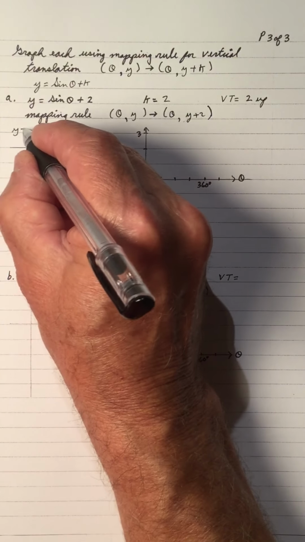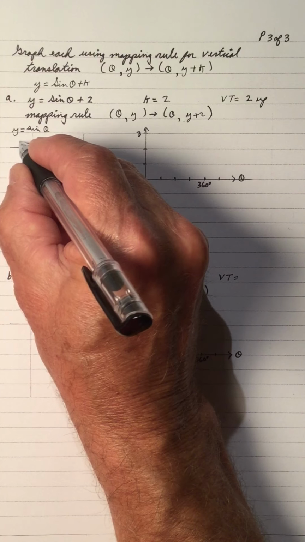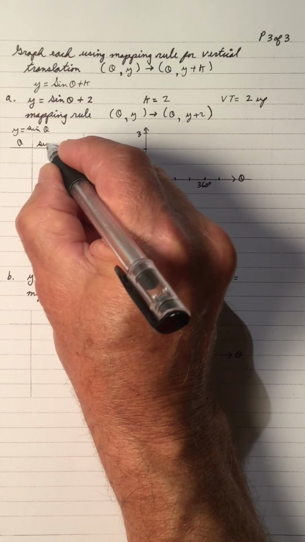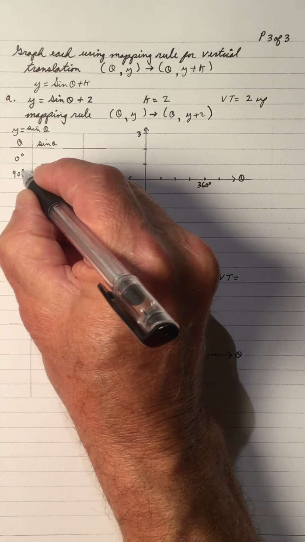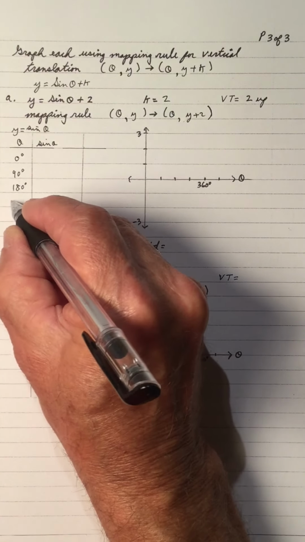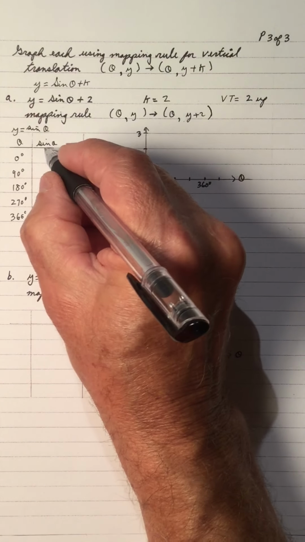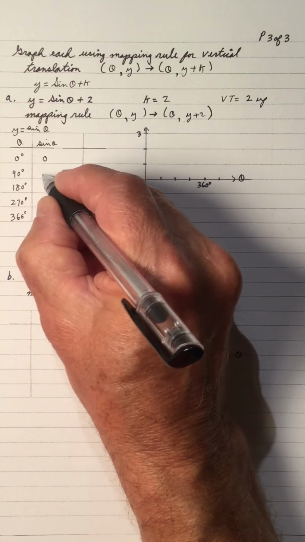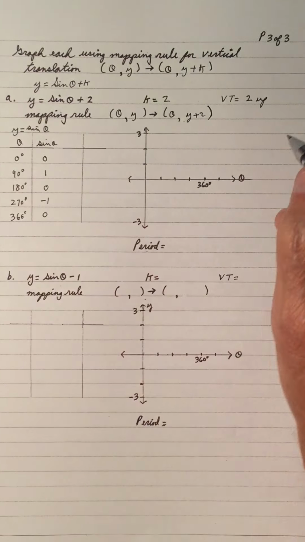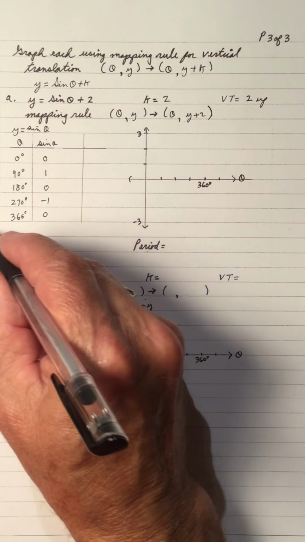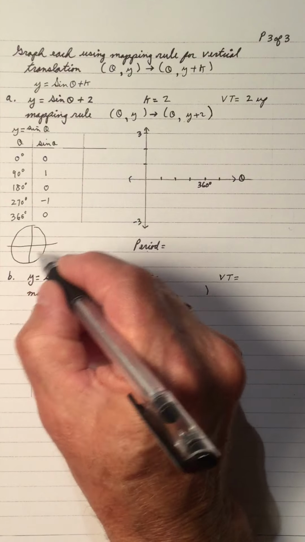So this is y equals sine theta, and again, this is theta, and this is sine theta. This is the basic, 0 degrees, 90 degrees, and again, it's something that I have memorized, so you should have it memorized. So the sine of 0 is 0, sine of 90 is 1, 0, -1, 0. If you want, you can draw the unit circle like this and go around.